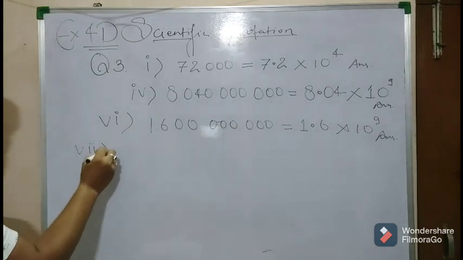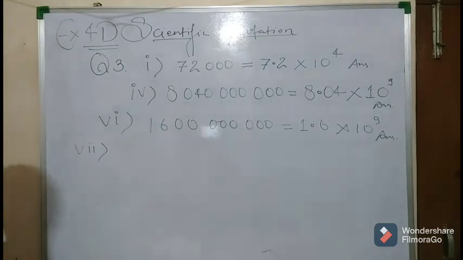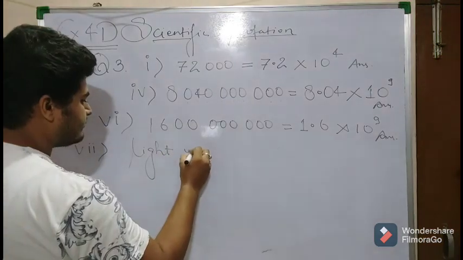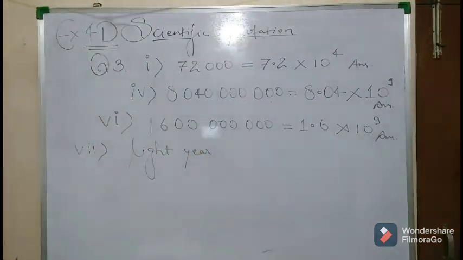Now in the seventh part, it has introduced one unit called light year. Light year is a unit in itself. When the distance between two objects is too much, like the distance between two planets, or the Earth and any other planet, or the Earth and Sun, then we use a unit like light year because the distance is so large.